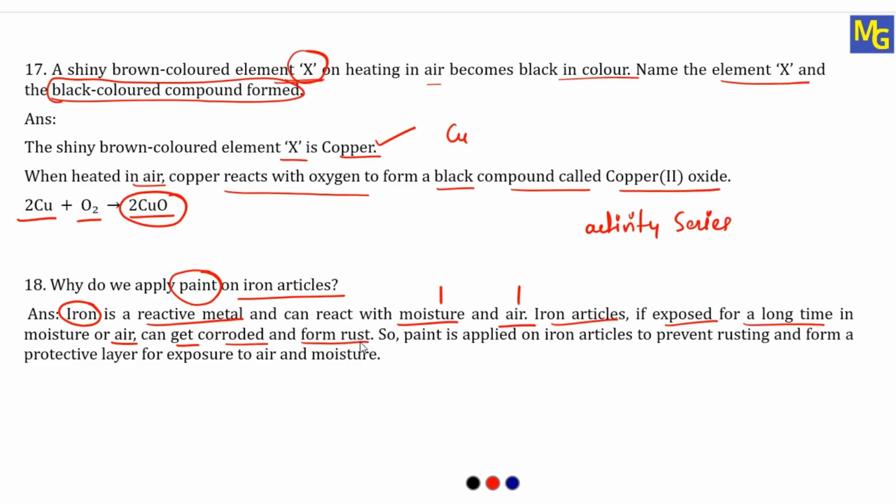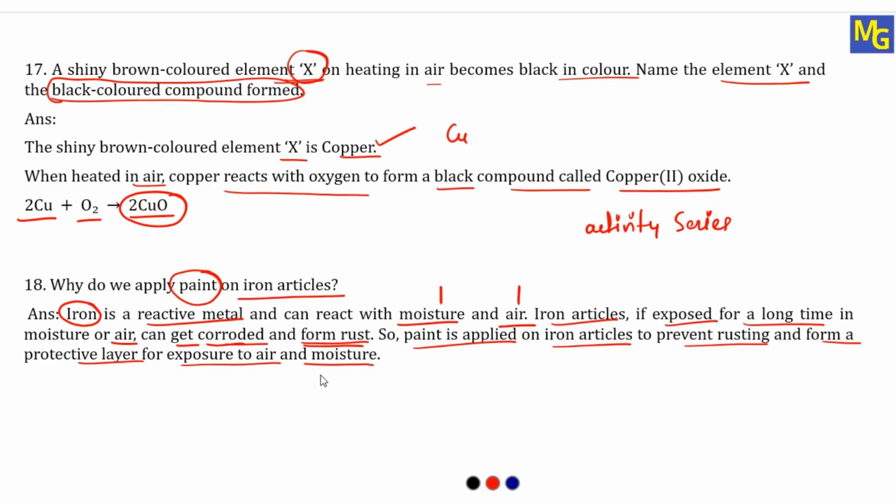It is a very common example you may have seen around us: whatever articles are made up of iron, if they are not painted, then after some time, because of getting exposed to moisture and air, they will undergo corrosion. They will form a brown, yellowish colored rust. So paint is applied on iron articles to prevent rusting and form a protective layer against exposure to air and moisture.